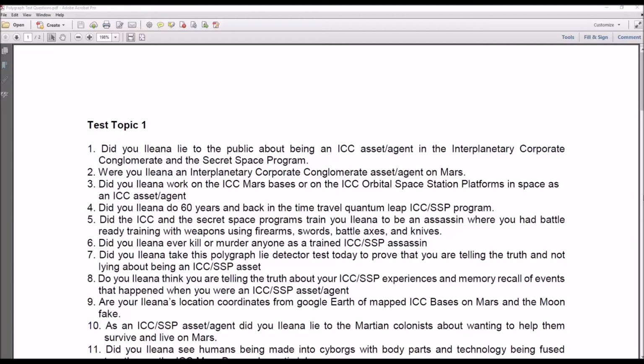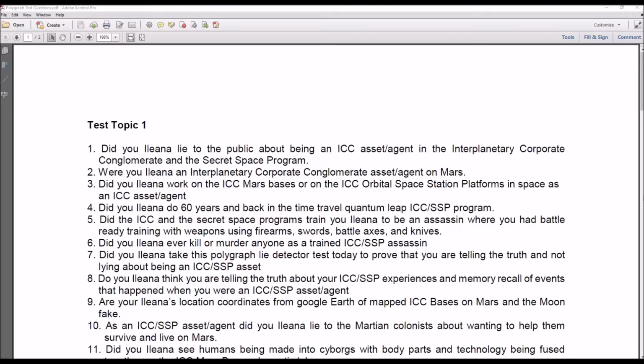What the ICC and some of the SSP groups wanted to do was relocate the Martian colonists to the ICC orbital space station platforms and then colonize Mars and take it over for themselves. They wanted to terraform Mars and colonize it for their own needs and the needs of the reptilian groups that they're working with.